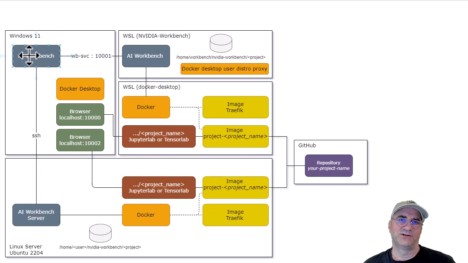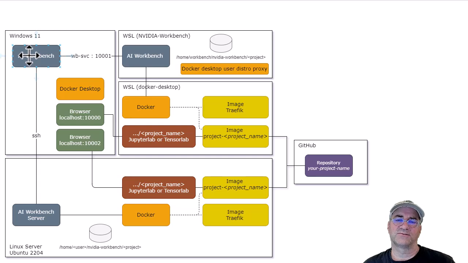And then again, you connect with your browser. If I connect to something on my Windows machine, I connect on port 10,000. If I connect to something on my Z820, a Linux server, it connects over 10,002. So that's really the thing to think about.